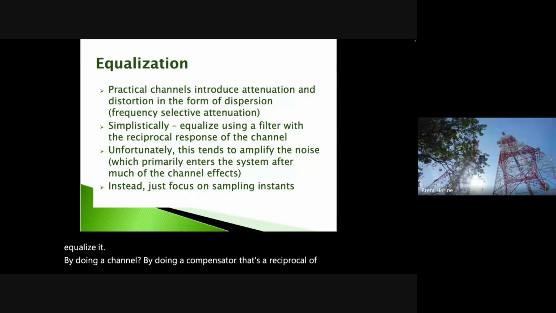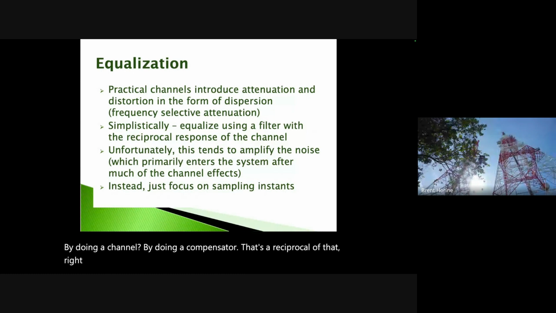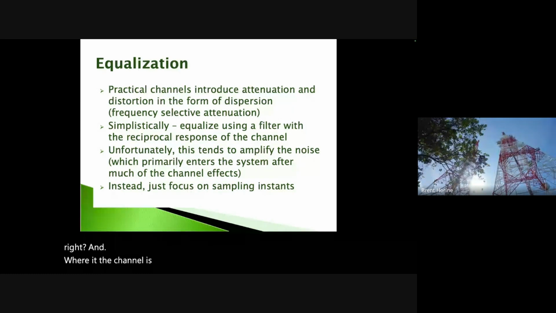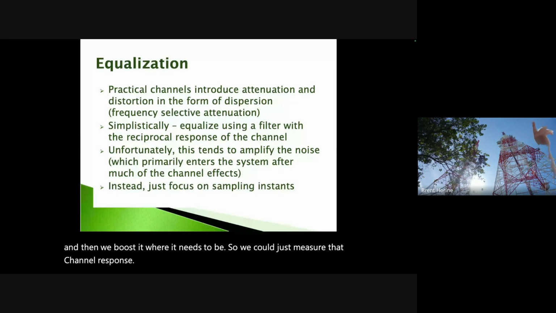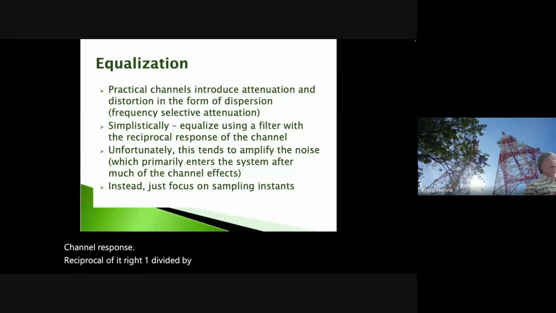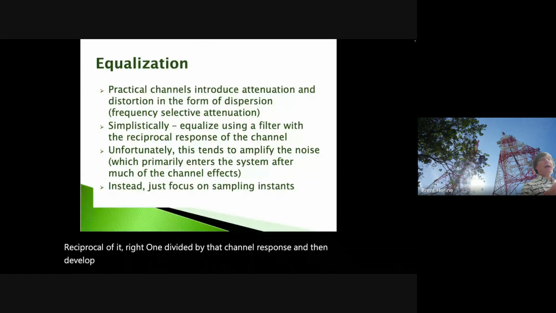Where the channel attenuates, we boost it a little bit, and where the channel is at maximum, we probably wouldn't attenuate, that would be our nominal. So we could just measure the channel response, take 1 divided by that channel response, and develop an equalizer based upon that.